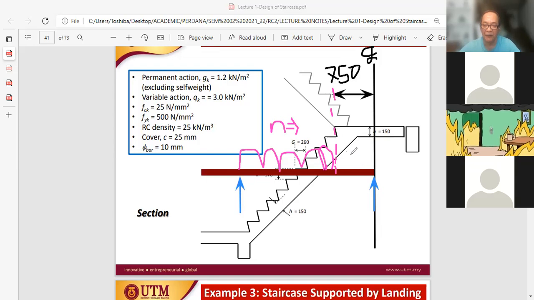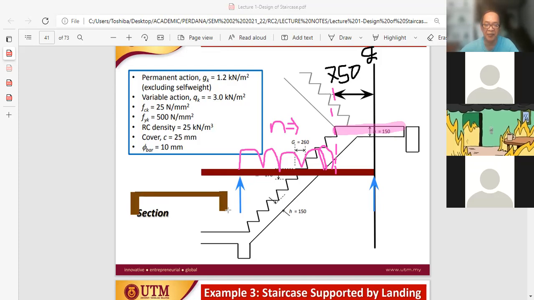Because whatever load is on the landing, in the landing zone here, whatever load on top of this landing will appear in the landing's analysis. Remember, previously we have a landing, and we have a beam support at both ends. This is one end, and the other end also has another beam.